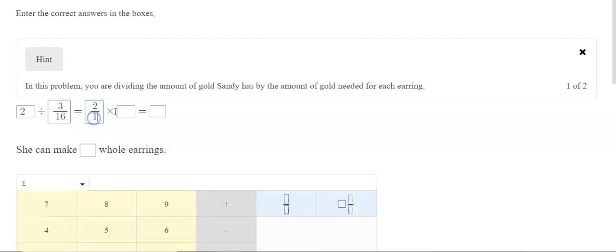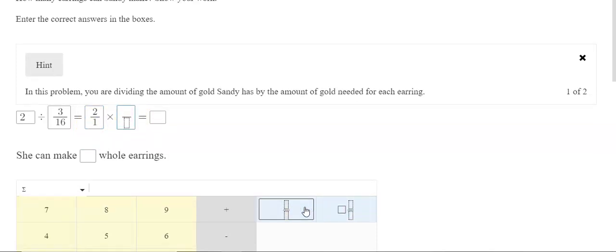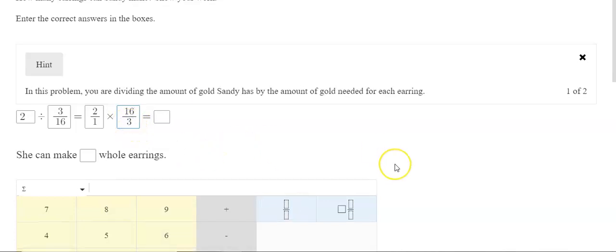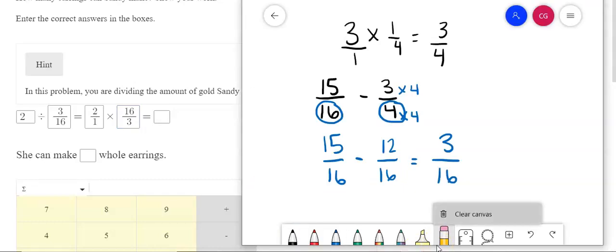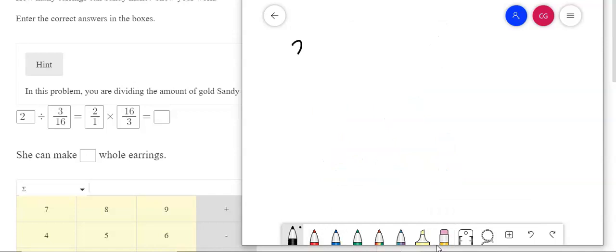So 2 over 1. And then with the multiplication, that means we're going to flip the second one. So 16/3. Now I'm going to come over here to my work paper and I'm going to solve that. So 2 over 1 times 16/3. 2 times 16 is 32/3.